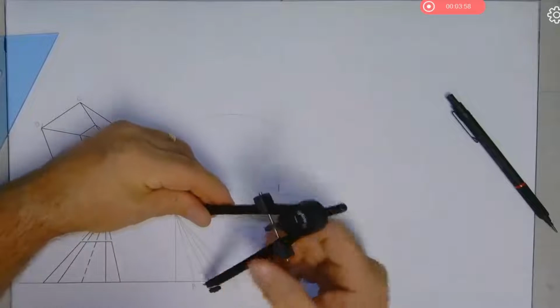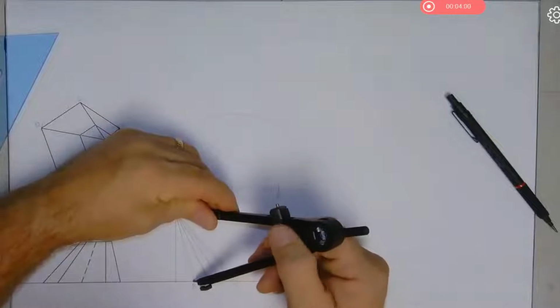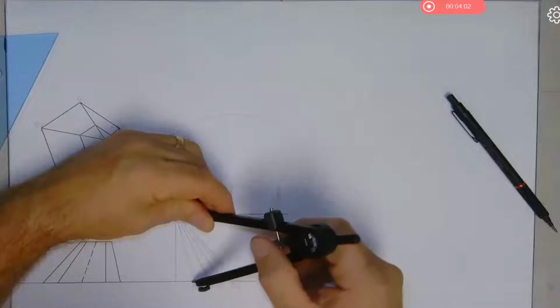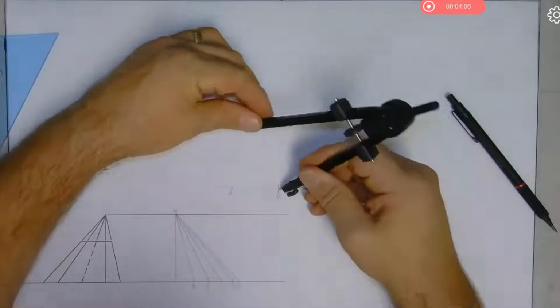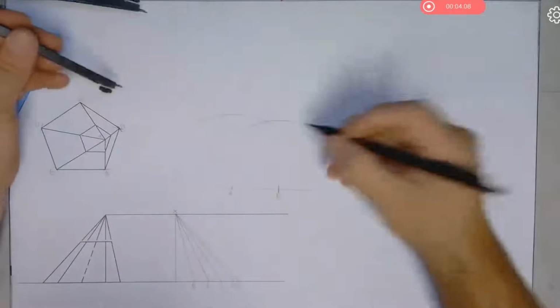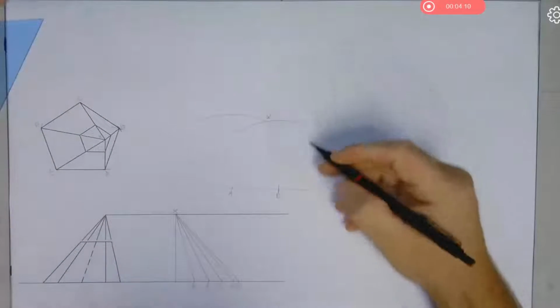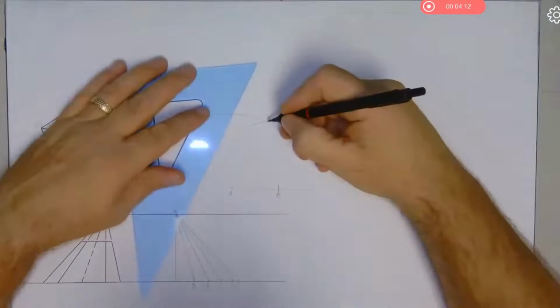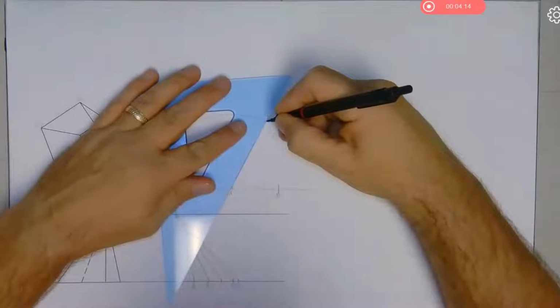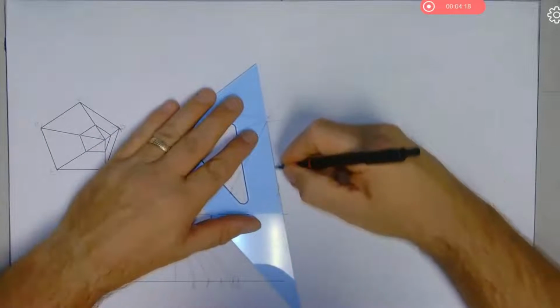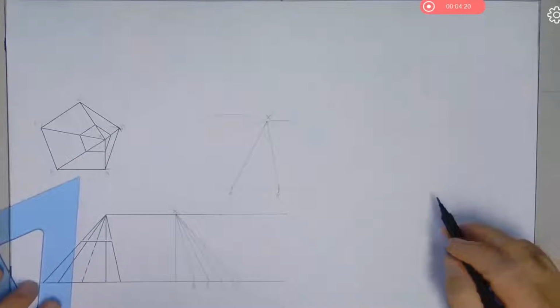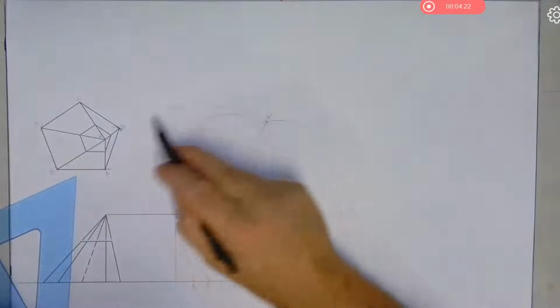Then B to X. Put my point on B. And find X. So this is X. That creates the ABX triangle. So that's this one done.